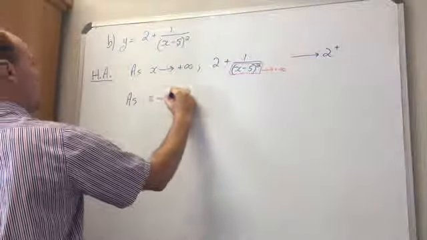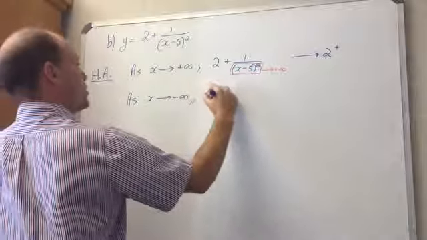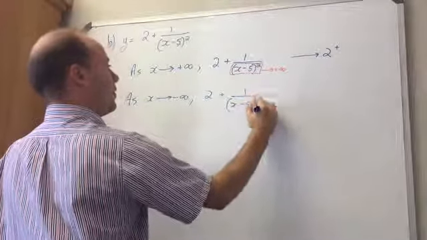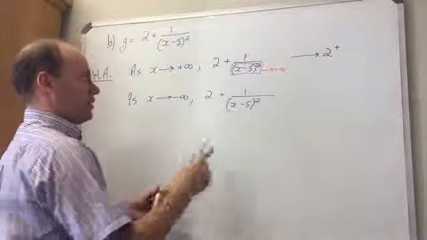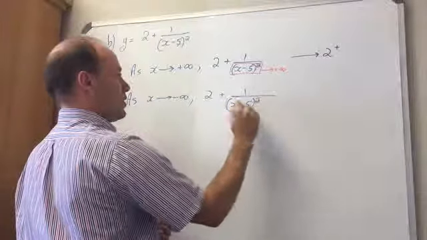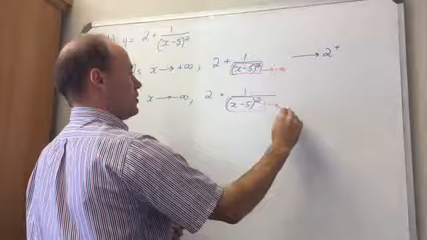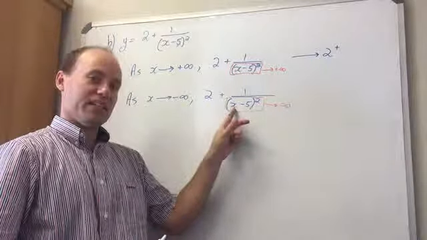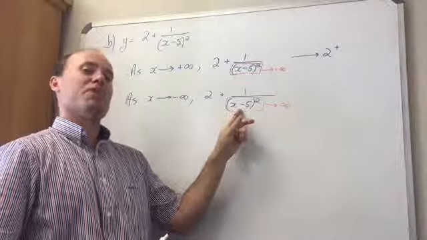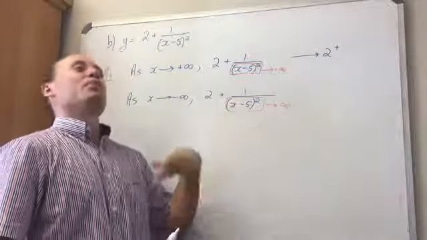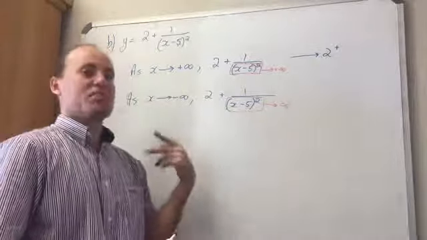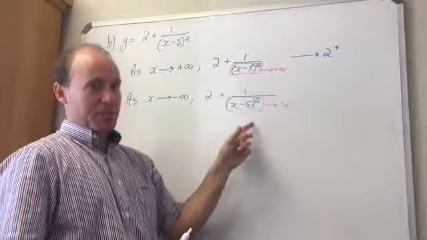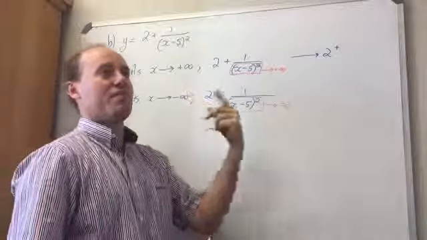Okay, as x approaches minus infinity, what happens to the formula for the function? Again, this thing on the bottom is approaching plus infinity. The reason is because x is approaching minus infinity, so x minus 5 is approaching minus infinity, but then once I square it, I get something that's approaching plus infinity. So 1 over a number that's approaching plus infinity will tend towards 0 from the right.